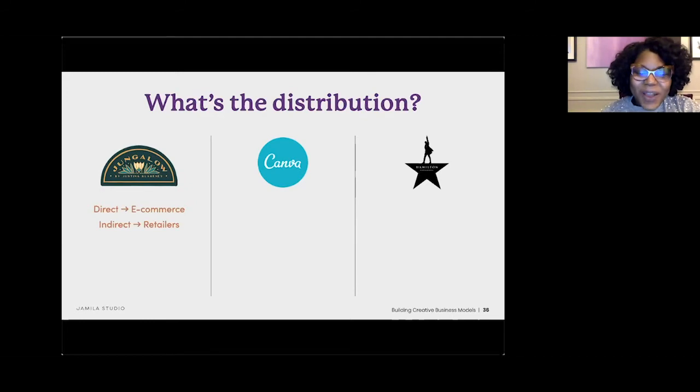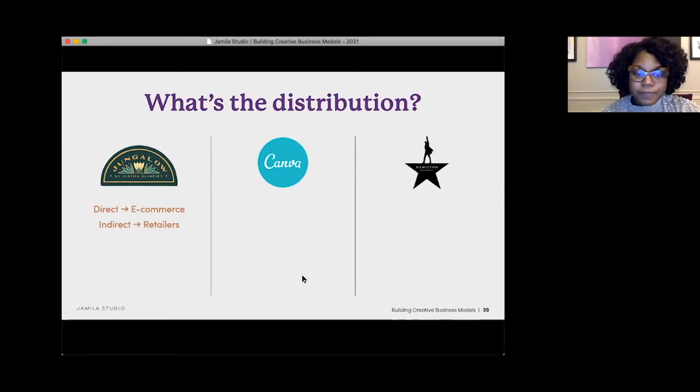All right. So when we talk about the Jungalo, they sell directly to e-commerce. So you can go to the Jungalo's website and you can buy from them. And they also sell indirectly to retailers. So you can also go to Target and find some things from the Jungalo. You can go to Wayfair. They've decided to do both channels.